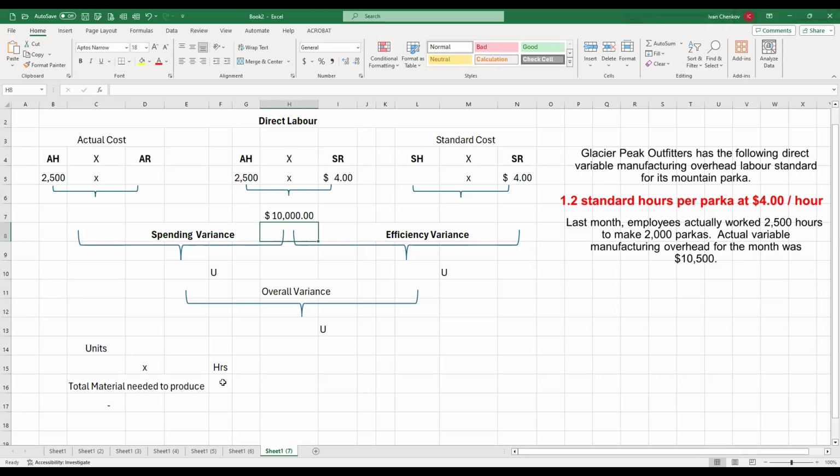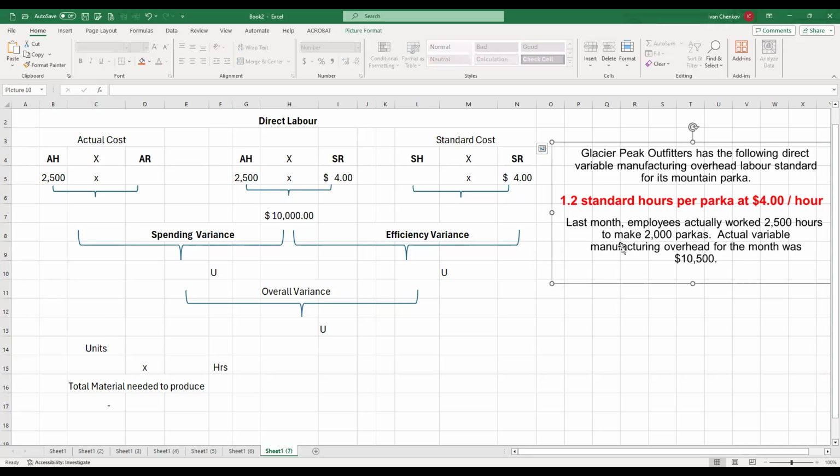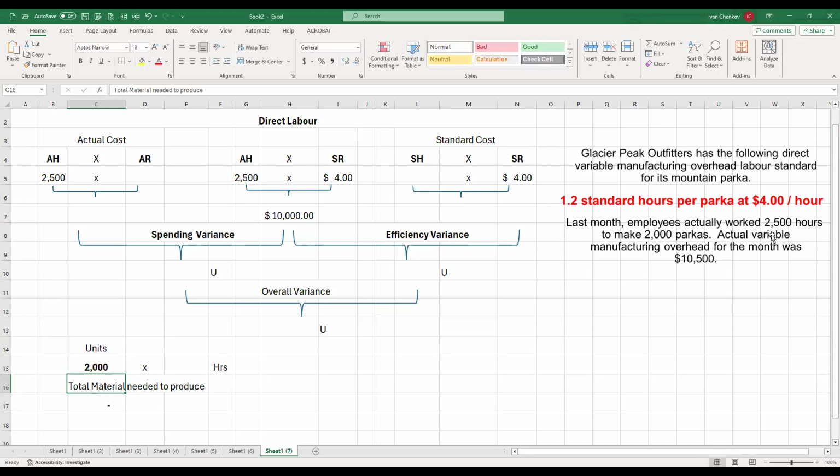They produce how many units? 2,000. So for the 2,000 units, they actually pay how much overhead? $10,500. $500 more. $10,500 they pay for the total overhead, correct?